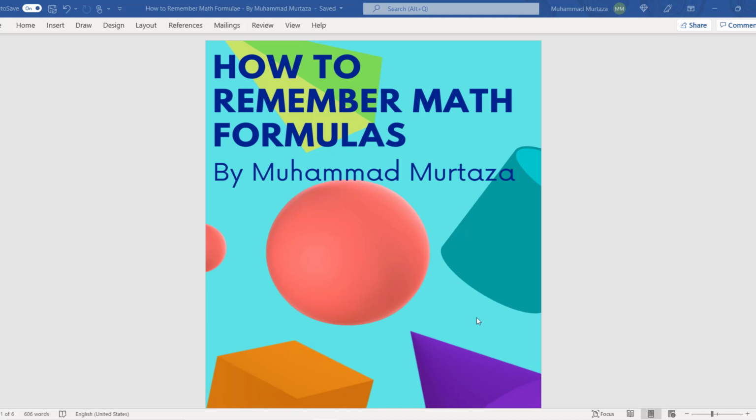Let's suppose you are asked to find the curved surface area of a cone. First of all, you don't know if it's pi r square or pi r L. You don't know that. So to find that out, it's really simple. You draw the net, and then you see that the net is made up of one curved part and one circle.